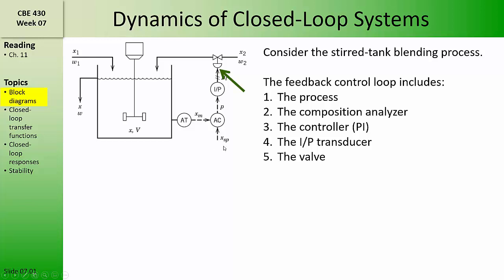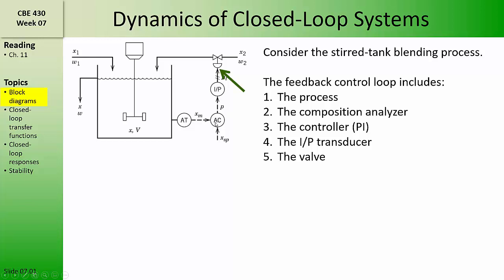If we choose a set point that's a composition value, say a mass fraction, then that composition value also needs to be converted to the 4 to 20 milliamp scale inside the controller so that it can be compared to the measured value to calculate the error signal.